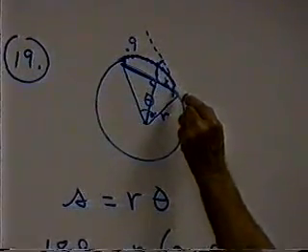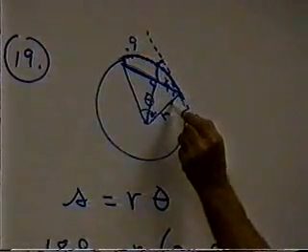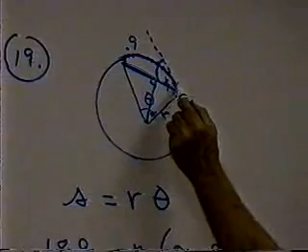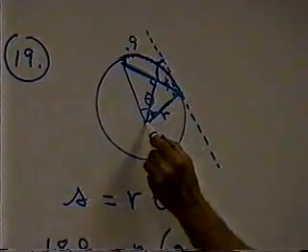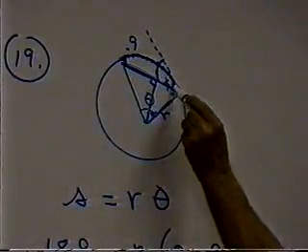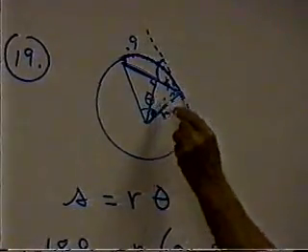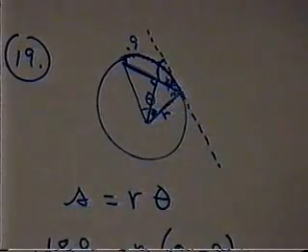Well, this angle, right over here, this angle 0.9, and this angle add up to 90 degrees because the line tangent to the circle is perpendicular to the radius drawn from the center out to the point of tangency. So, this plus this is equal to 90, and this plus this is equal to 90, so that must mean this angle is the 0.9 also. This angle must be 0.9.